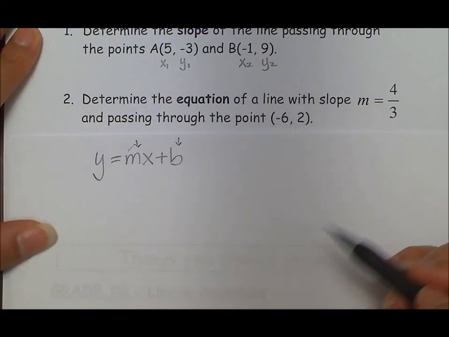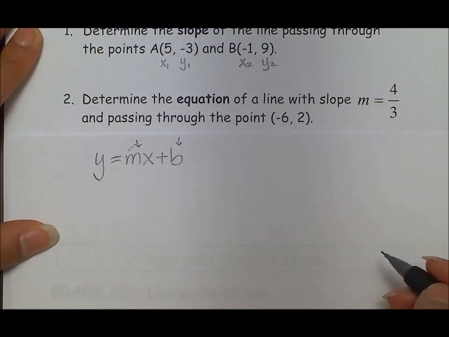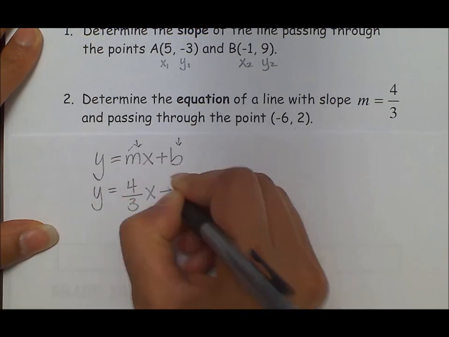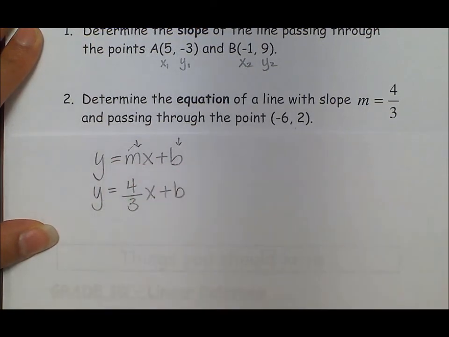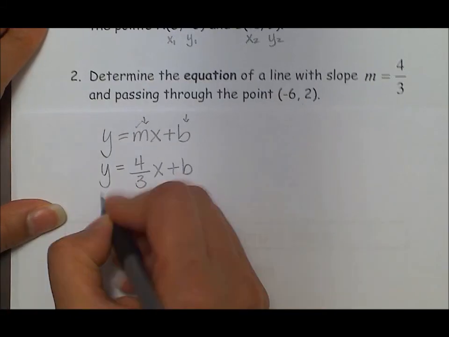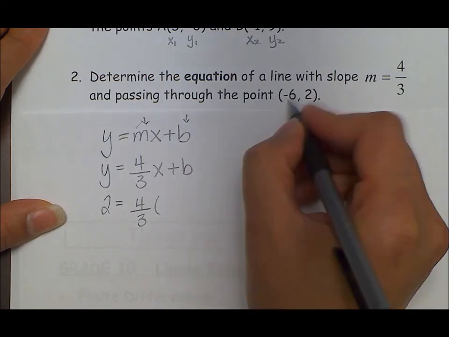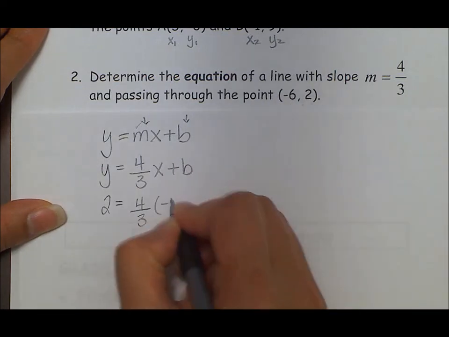If I substitute in the information that I know, I have y equals 4 over 3 x plus b. Then I can substitute in the x and y coordinates of the point to get 2 equals 4 over 3, which is still there, and I replace the x with negative 6, plus b.